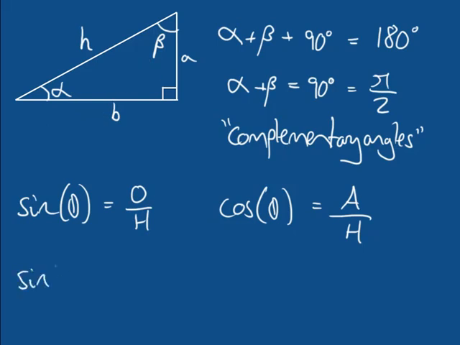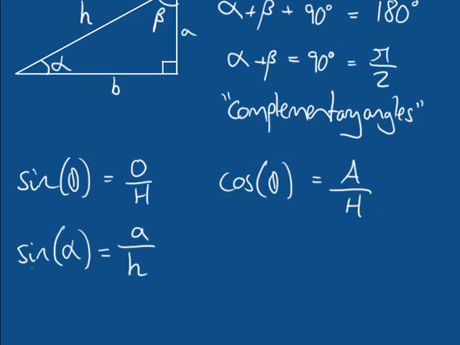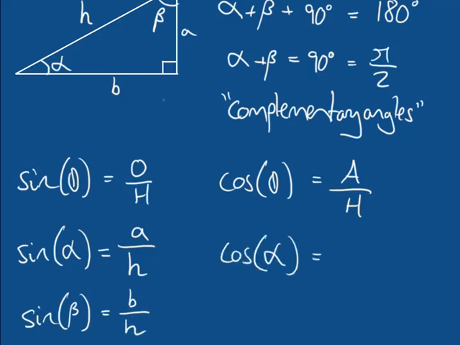So let's write those four relationships now. Sine of alpha is equal to the opposite over the hypotenuse. Well, the opposite of alpha is A, and our hypotenuse is H. The sine of beta is equal to the opposite over the hypotenuse. The opposite of beta is B, and the hypotenuse is H. The cosine of alpha is equal to the adjacent over the hypotenuse.